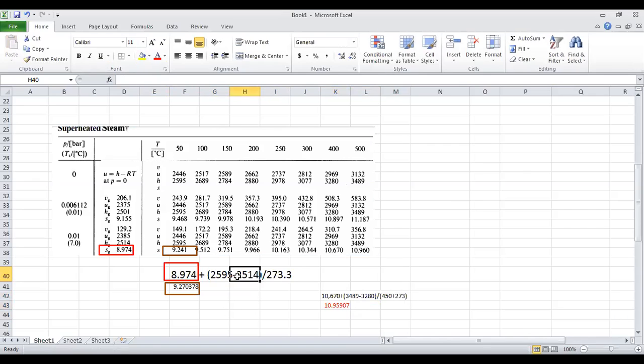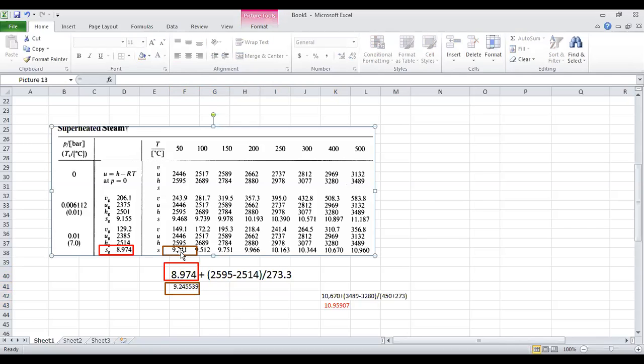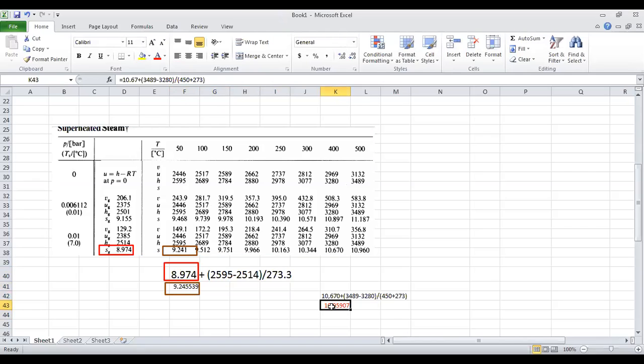Here also, instead of this 273 plus 50, if I took 273 plus 25, because that's the average of 0 and 25, you can see 9.245, very close, 9.241. So this is 10.95. This is 10.96.